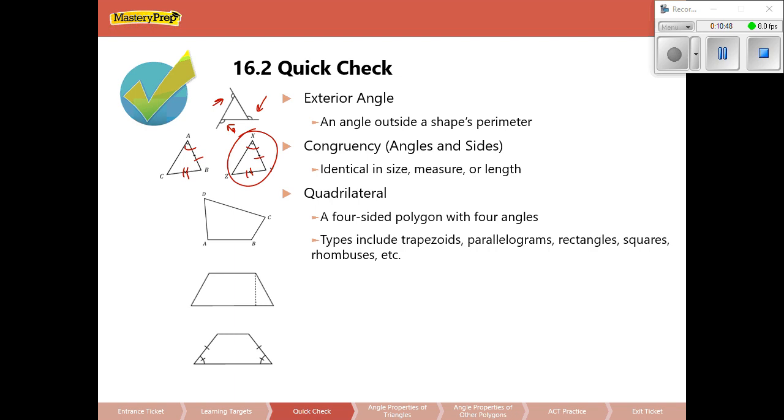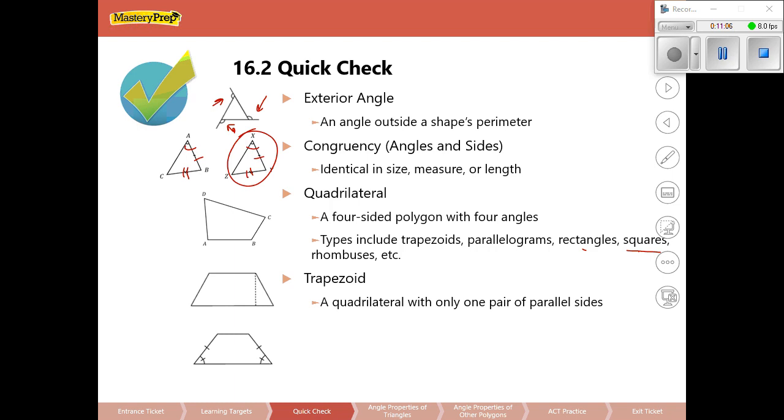And so once they start giving us these names, like trapezoids, parallelograms, rectangles, squares, all the properties of a square are true. That it's going to have four right angles and four congruent sides. As soon as they tell us that, we know that that is true. Now, a trapezoid is a quadrilateral with one pair of parallel sides.